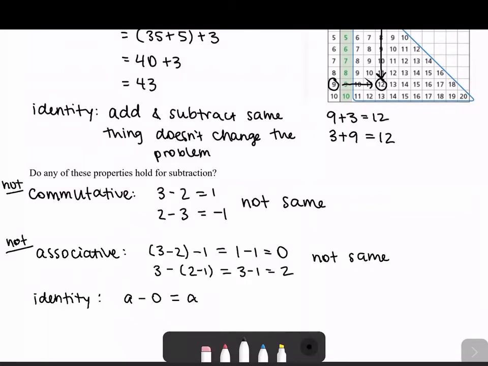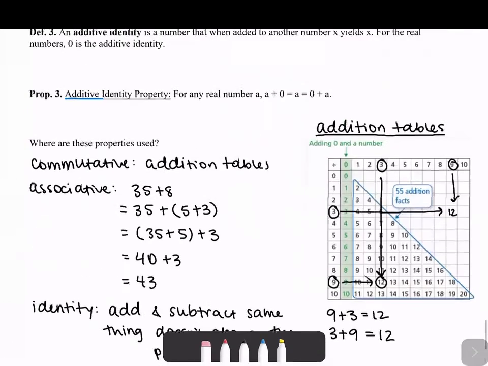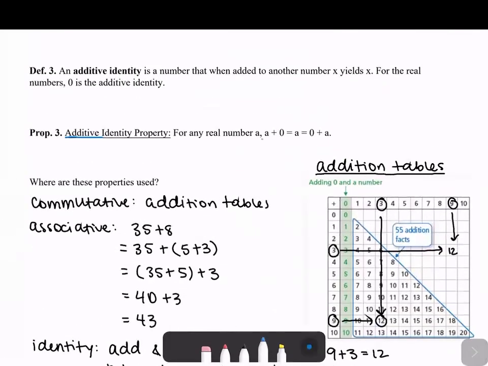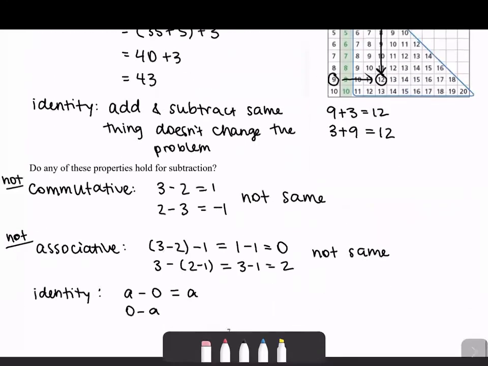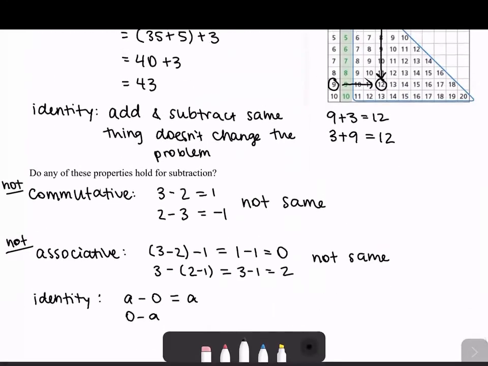However, if we look at that and we switch them, right? Remember, the identity works both ways up here, right? We have that when you add 0 in the second position and when you add 0 in the first position, it stays the same. So in order to be this identity, it needs to be the same in both positions. But when we do 0 minus A, that's not A, right?